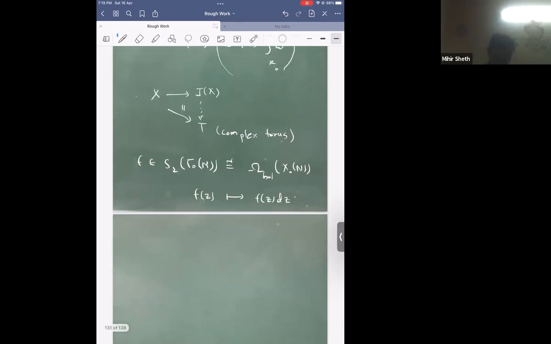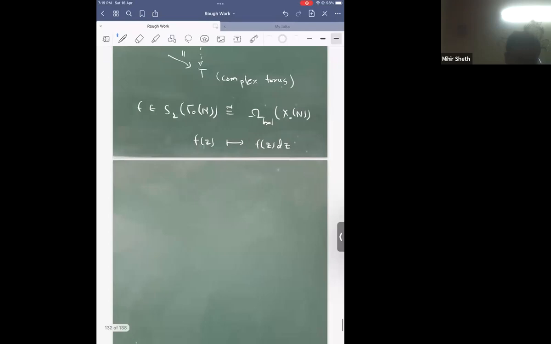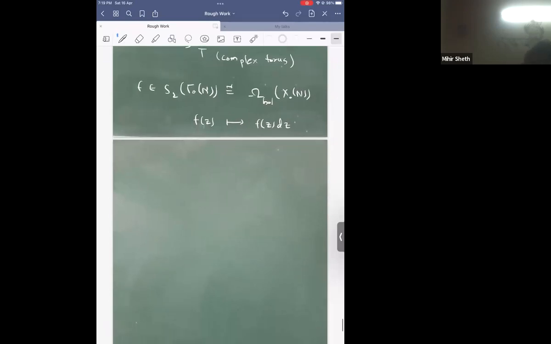Now, using this differential form corresponding to my cusp form, we are going to construct a map from X_0 to an elliptic curve. As in, we will construct a map to the complex numbers, and we will see when the image is an elliptic curve.